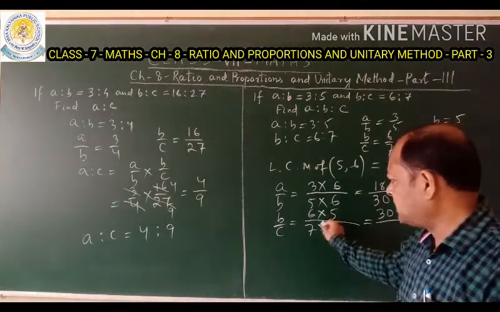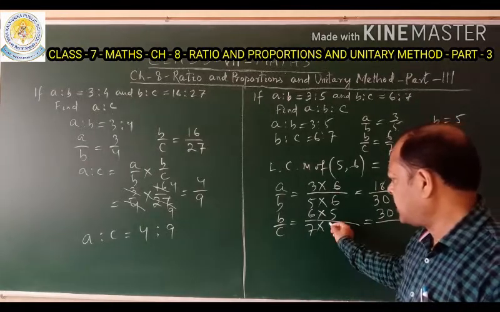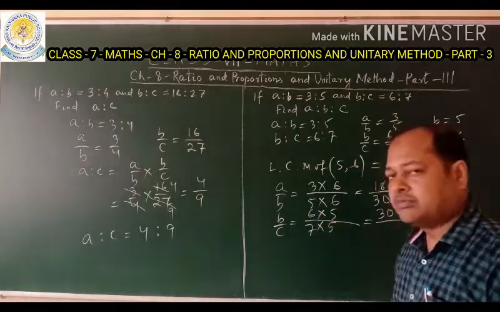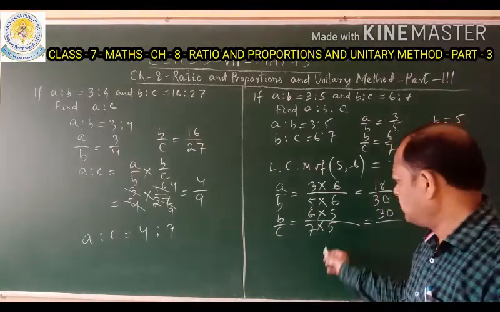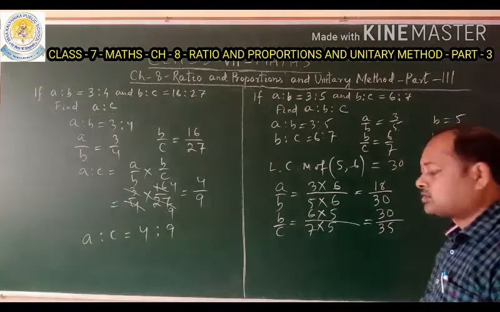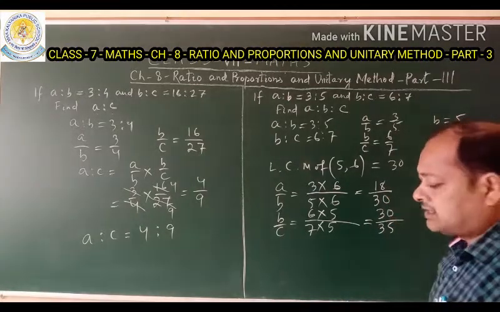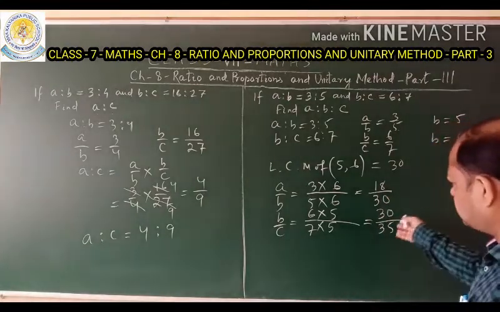So similarly, the same number you multiply in the denominator. So multiply 5 with 7. We will get what? 7 into 5, that is 35. So we are getting new fractions here, 18 by 30 and 30 by 35.